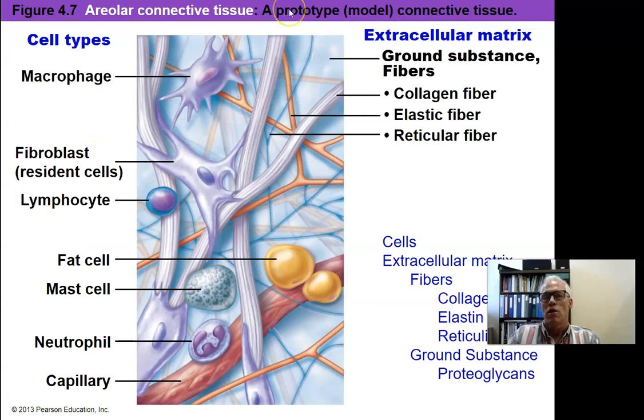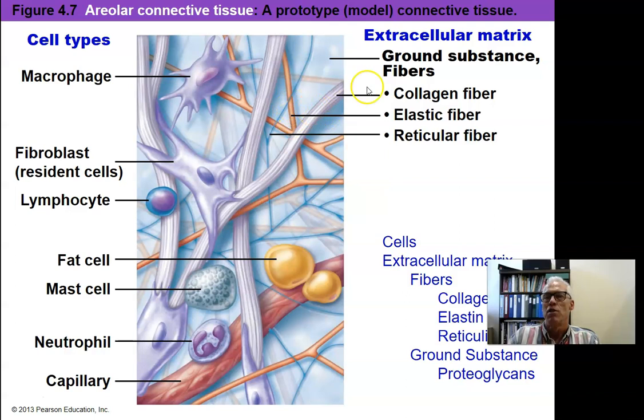So the very first category, loose areolar connective tissue, is, just as it's named, a loose weave of protein fibers. There are predominantly collagen fibers, a very important building material, probably the most prevalent building material in your entire body. So collagen protein is shown here, and we also see some elastic proteins.